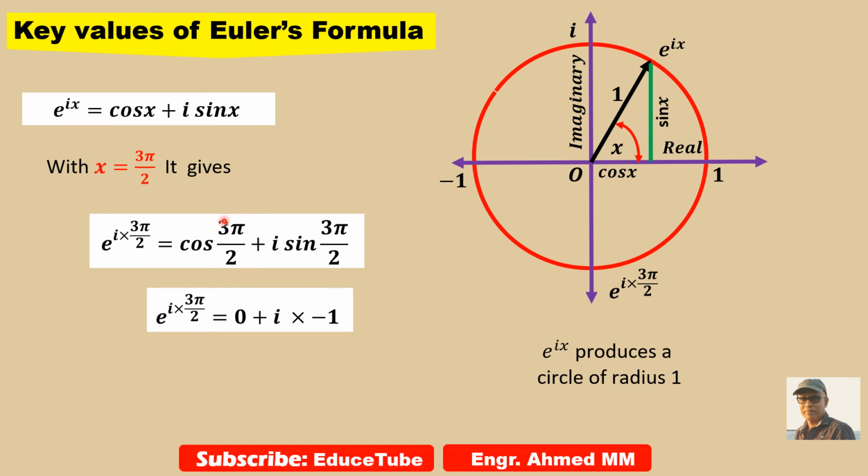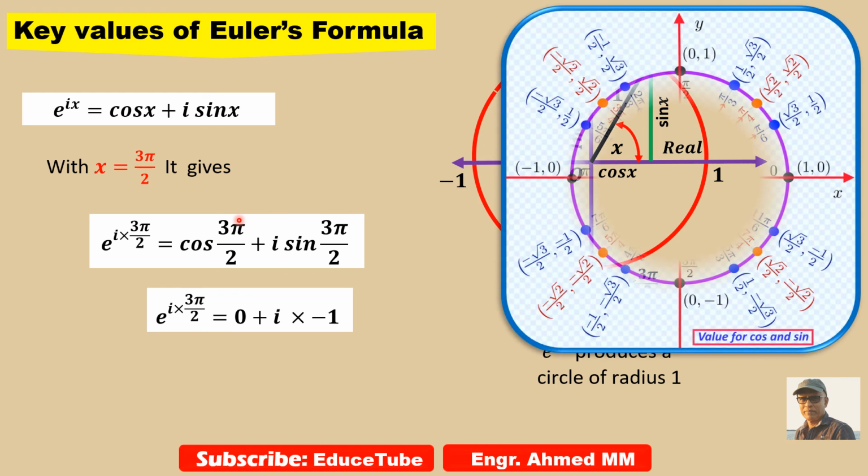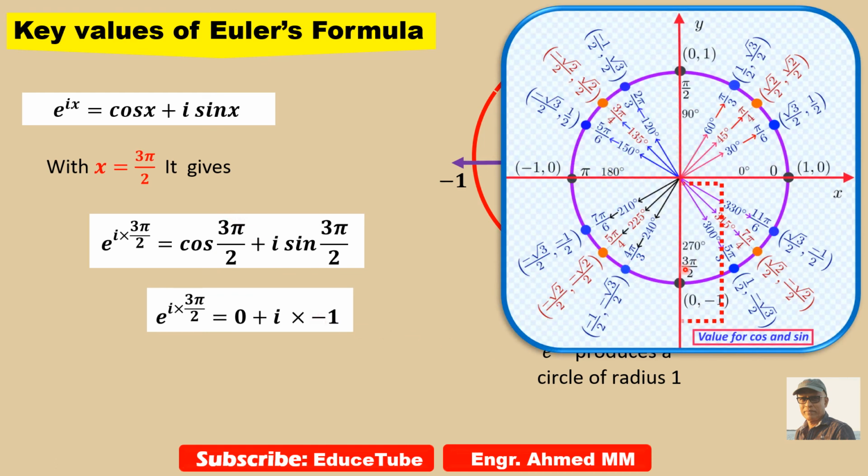What are the values for cos 3π/2? Let's see. Bring that chart. We are here, 3π/2. We got 0, and here it is minus 1. So we put here 0. Sin 3π/2 equal to minus 1.